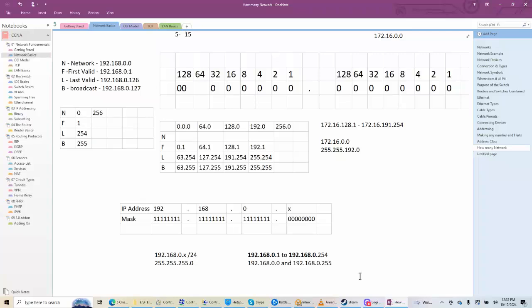So if I set up a 192.168 address, which is a private IP address, on my network, and send that traffic out to the internet, guess what? Internet should block it. So we want to put private IP addresses on our internal networks. We don't want to put public IP addresses.